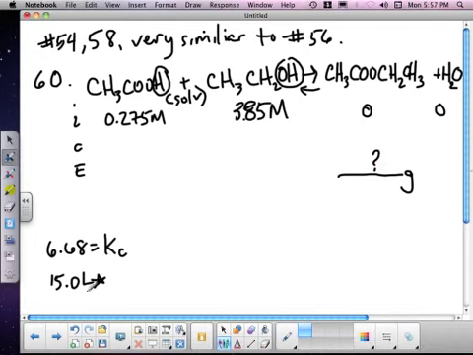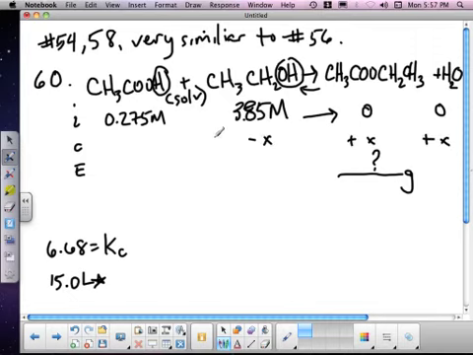All right, so we have no product, so we know it's going to shift to the right. It's all 1 to 1 to 1. So these two products are going to be plus X, and these two are going to lose the same. Everything's 1 to 1 to 1, so it's all minuses and plus X's.